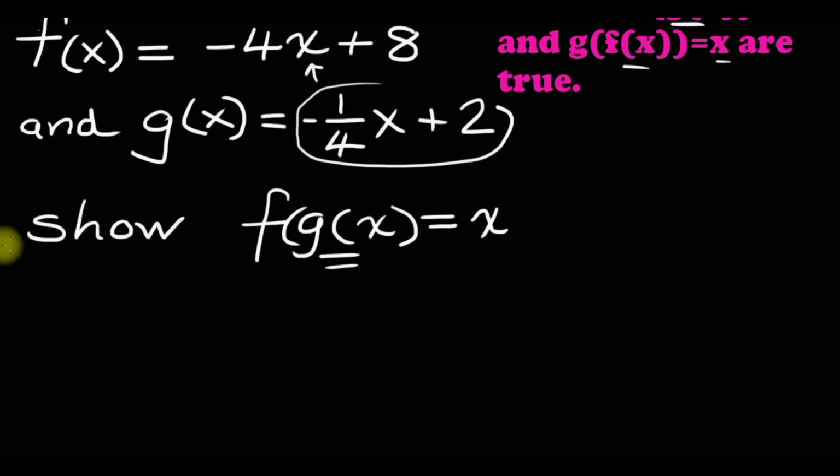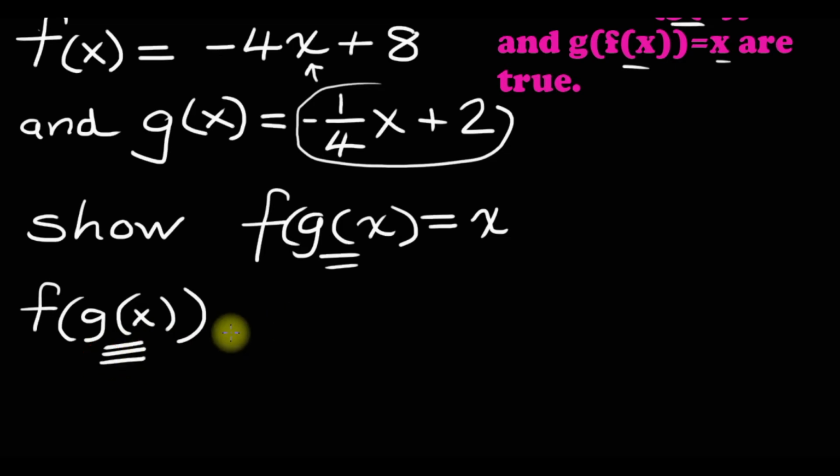So f of g of x. Because g of x is the inside function, you're going to take g of x. My f of x is -4 times, and then I'm going to substitute g of x in here, plus 8.